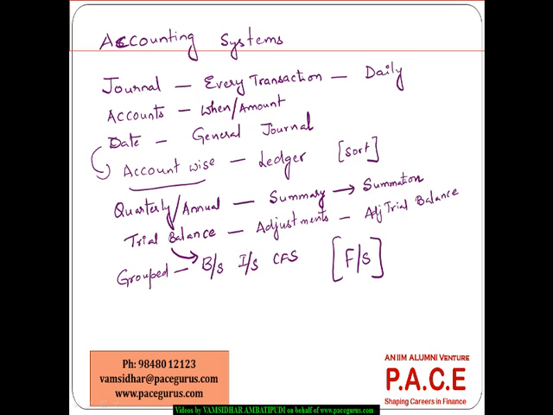And what we see is all these are internal to the company. An external person cannot view any of these. The journal is not accessible to an external person. The ledger is not accessible to an external person. The trial balance is not accessible to an external person.